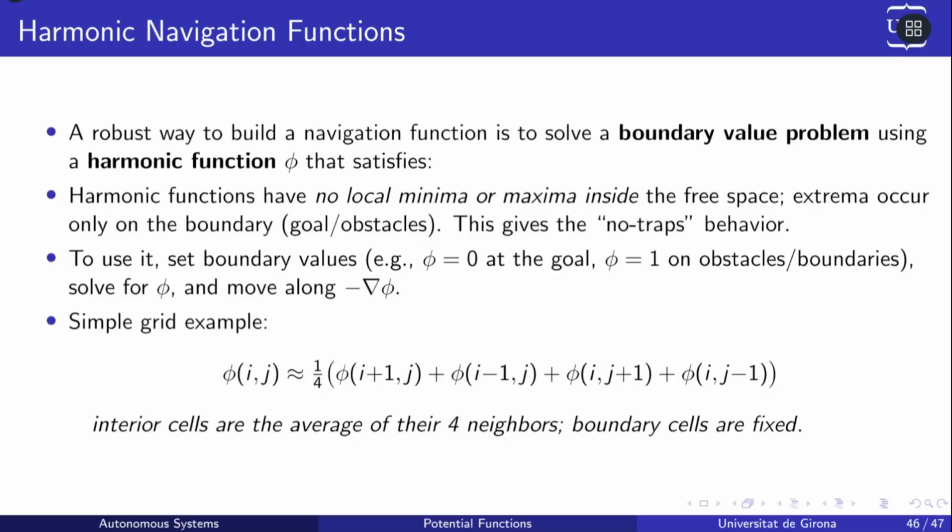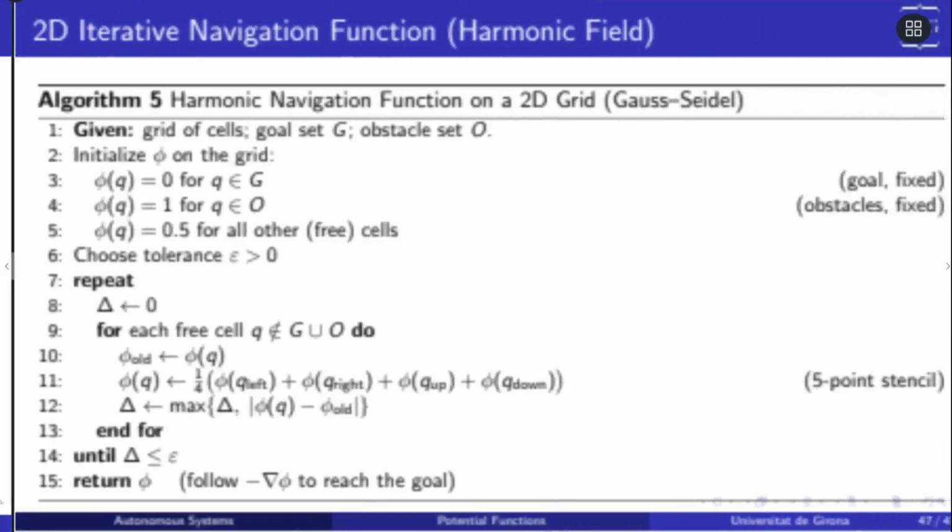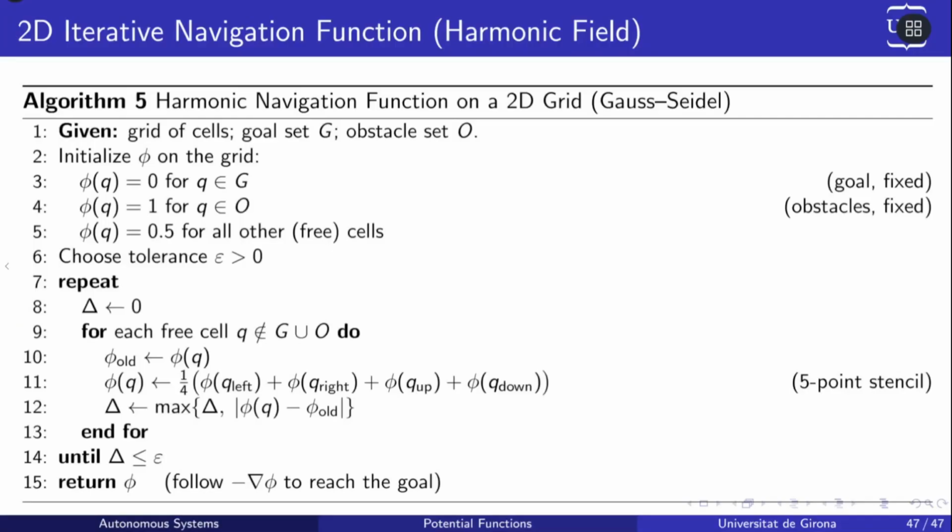Maybe it's even easier to see here in the algorithm. This is the same, but in algorithmic form. We set the goal to 0, and the boundaries and obstacles to 1. The rest we initialize at 0.5, but then we smooth that.